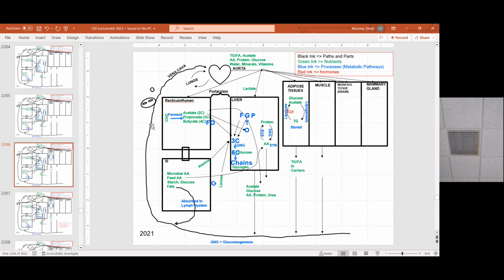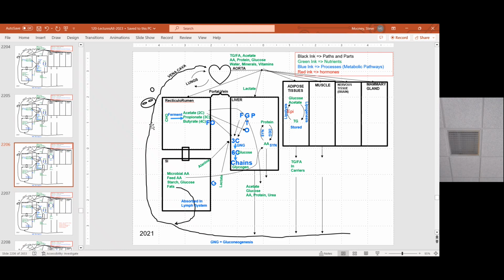So let's look at the adipose tissue. When I went through nutrition, Dr. Warner talked about adipose tissue being a tub full of frogs. It's constantly turning over. It's constantly creating triglycerides and breaking them down.